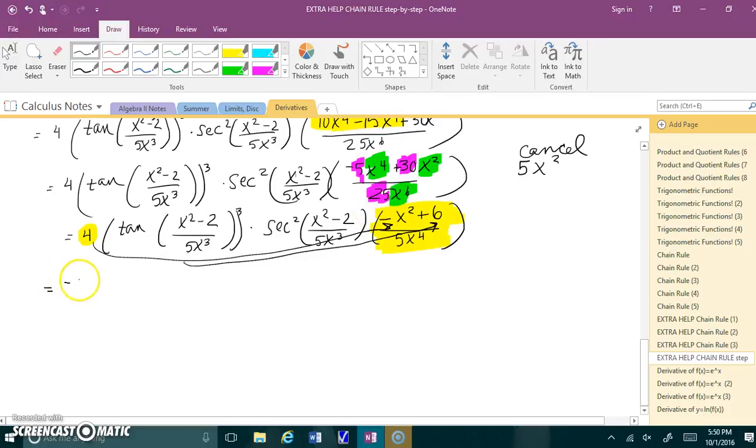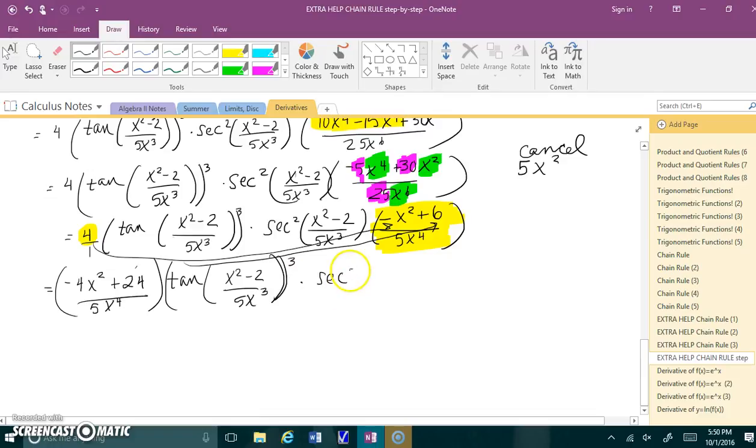So 4 times negative x squared is negative 4x squared. 4 times 6 is 24. It's really 4 over 1 times that. My denominator is not changing. It's still 5x to the fourth. And then I'm still going to multiply by my tangent and my secant squared. So a lot of writing is involved in these.